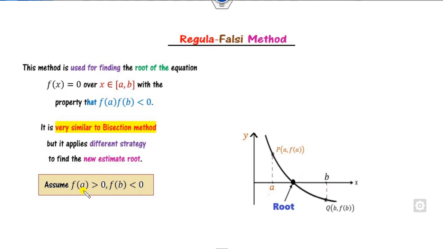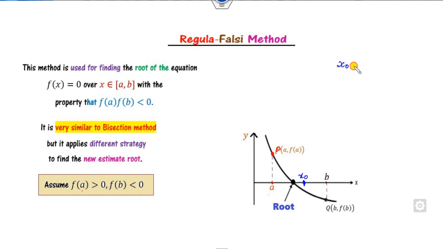What is the meaning of that? f(a) is positive, so this is f(a), this is b, this is f(b), and these are the coordinates of the points P and Q. Now what did the bisection method tell you? If you have the interval [a, b], you take the midpoint of it, say x0.